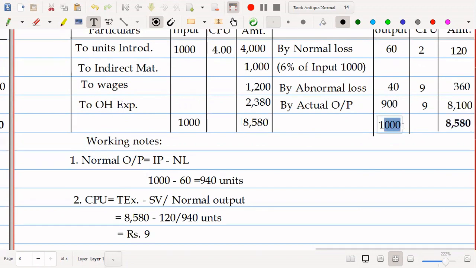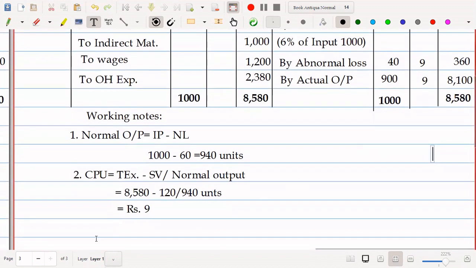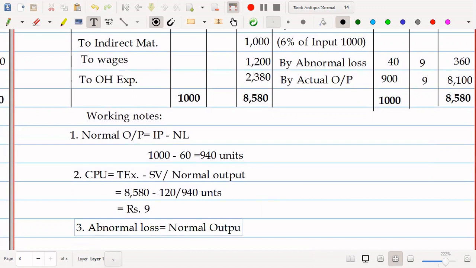Okay, and what's left now? What do we have to do now? We have to give the formula for abnormal loss, because there is abnormal loss in the problem. We have to give the formula in the exam also. Abnormal loss is equal to normal output minus actual output.